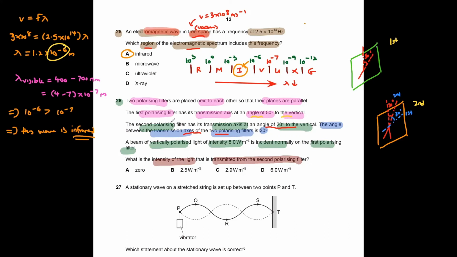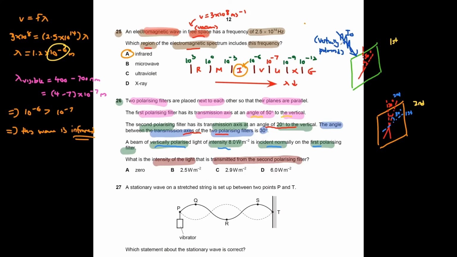Okay, so here the question mentions this. You have a vertically polarized light of this intensity that was incident normally on the first polarizing filter. So you imagine right now you have a vertically polarized light like this of intensity I naught. This one is vertically polarized, meaning to say your waves are oscillating vertically right now as it passes through this polarizer.